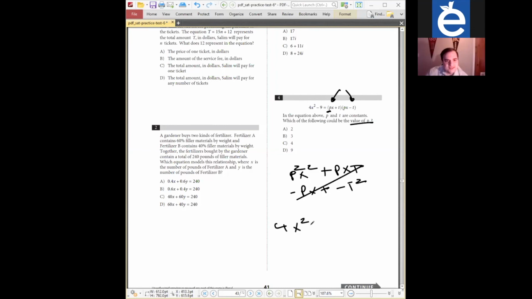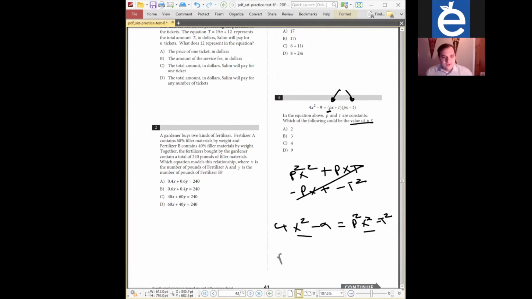Well, this is just like that genre of question that we were talking about last time, where if you have two expressions that are equal, the coefficients attached to each degree of variable, like the coefficients attached to the square term, have to be equal.